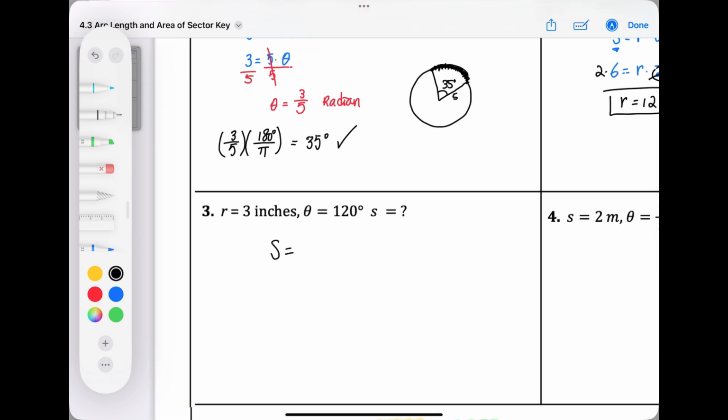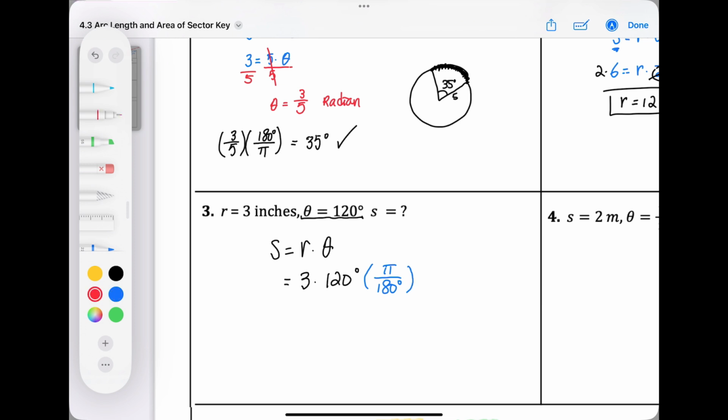Given the formula, the arc length is equal to the radius of the circle times the central angle. What you see is what you got. We know that the radius is 3 inches and the central angle is 120 degrees. Again, I need to convert degrees to radians. So I need to times my key, pi over 180 degrees.